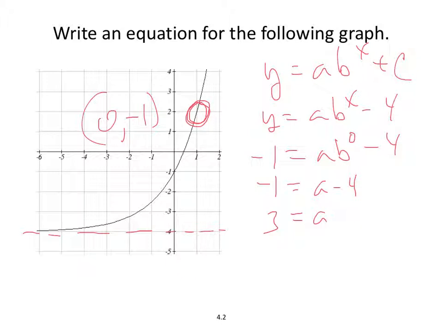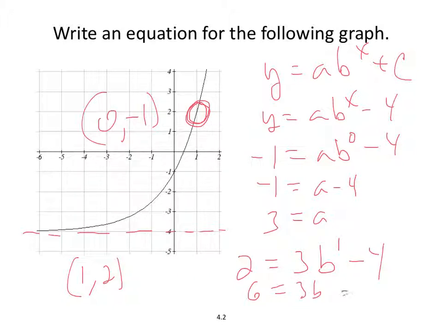I'm seeing that (1, 2). So I've got the point (1, 2). Let's substitute that into what we know. I know that 2 equals 3 times b to the first minus 4. So I'm going to add 4. That gives me 6. Divide by 3, that gives me b equals 2.